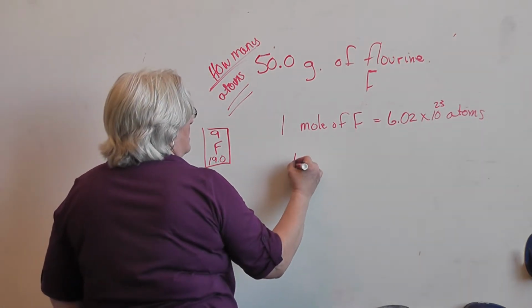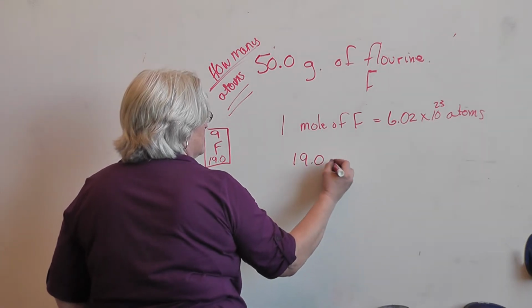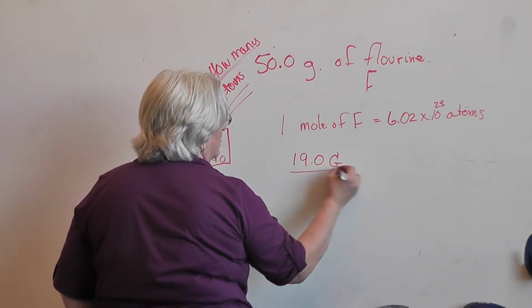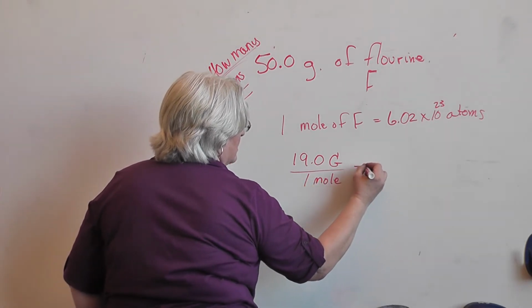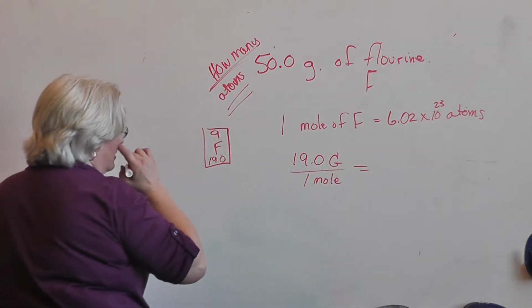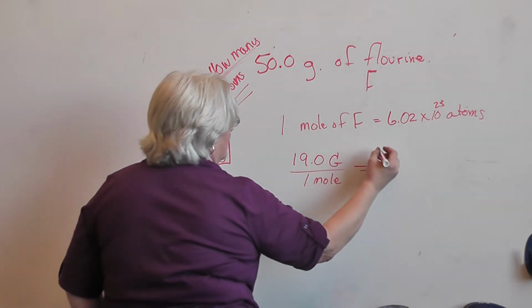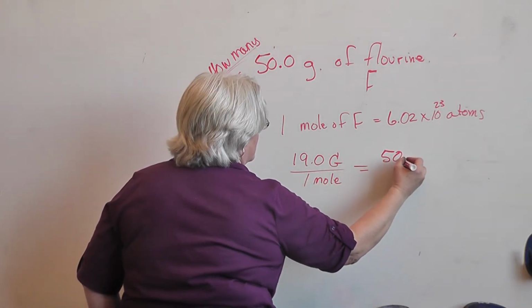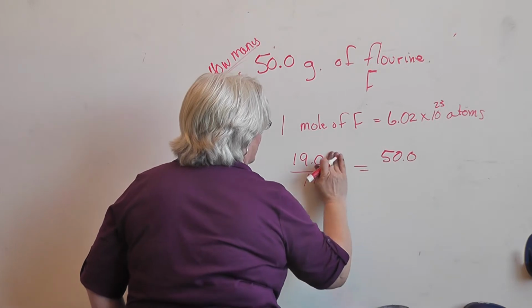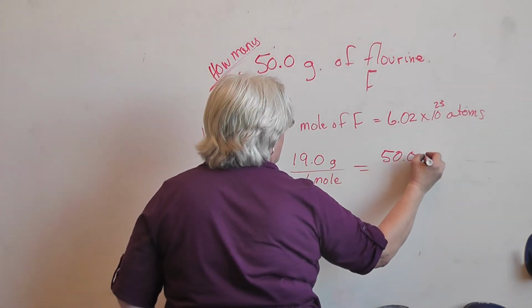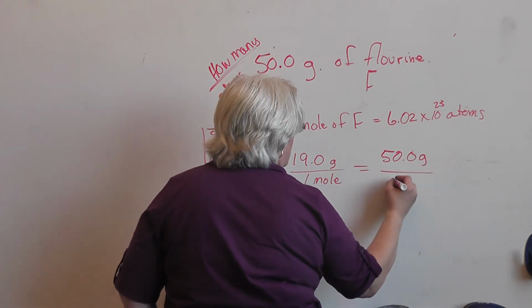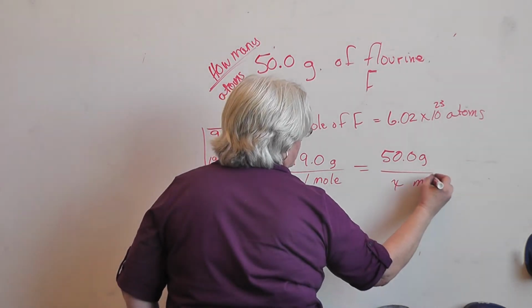So 19.0 grams of fluorine is equal to 1 mole. If we have 50.0 grams of fluorine, how many moles is that?